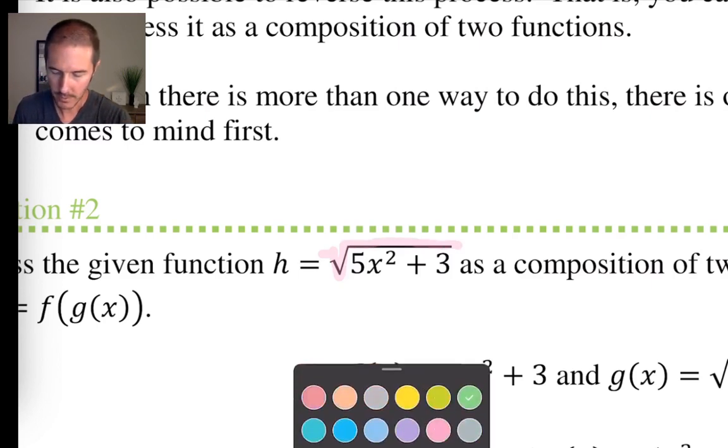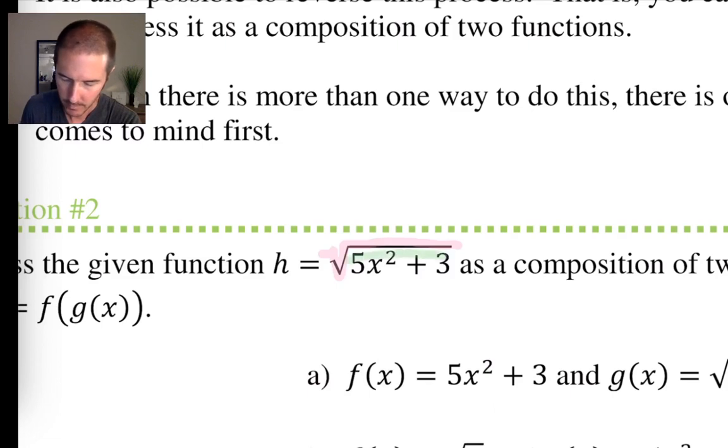And the thing that we're taking the square root of is 5x squared plus 3. Now if I asked you, which one of those two functions, the square rooting function or the 5x squared plus 3, which one of those two functions is inside the other one?